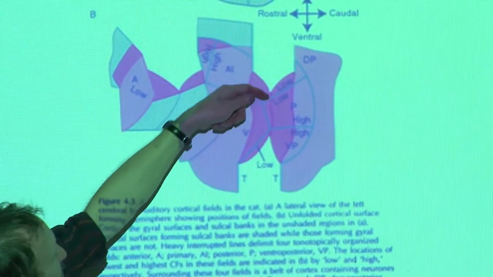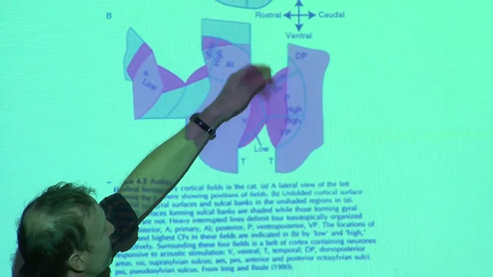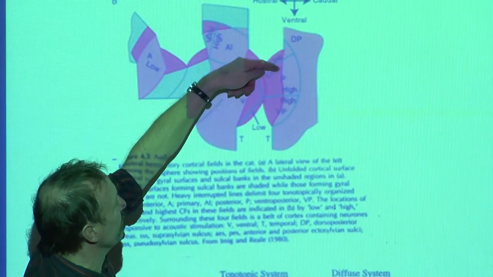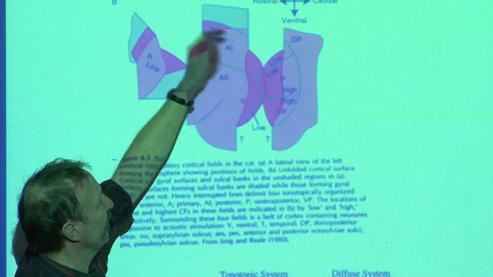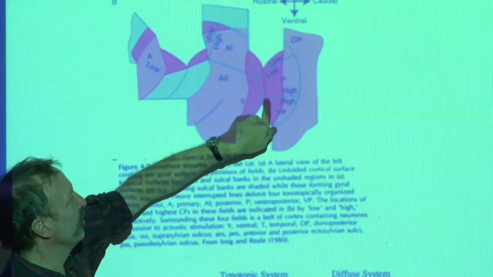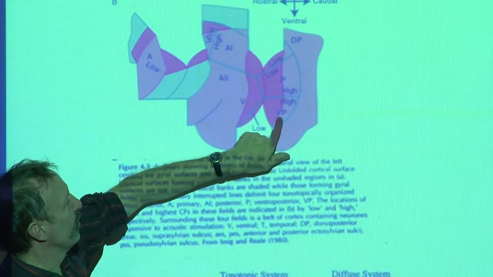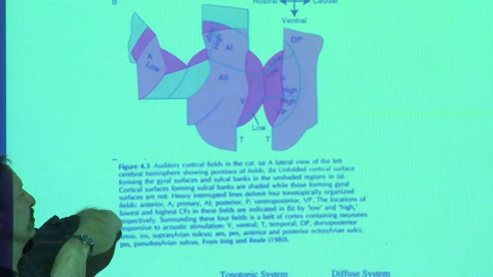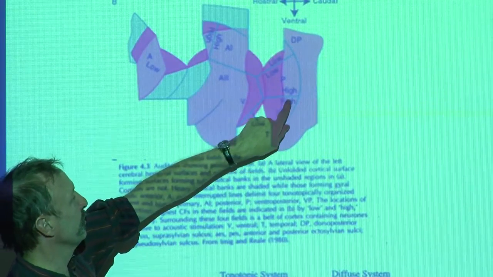And if you keep going more and more caudally, in this case the thing sort of takes a turn, so you go caudally and ventrally. The CFs then start to get higher until you approach the boundary of P with the next auditory cortical field, which is VP, ventral posterior auditory field.